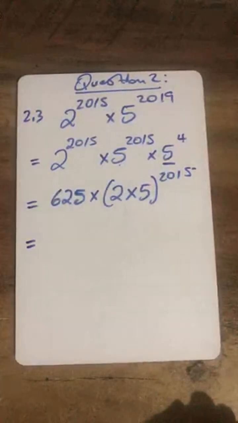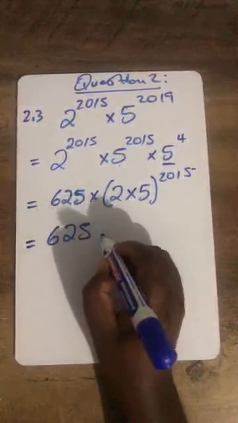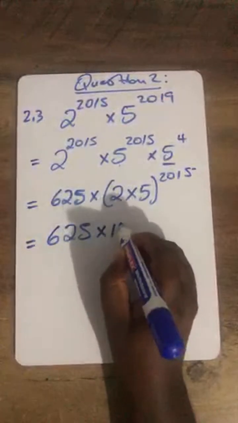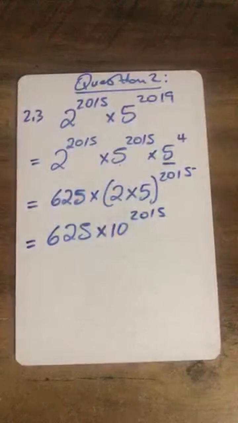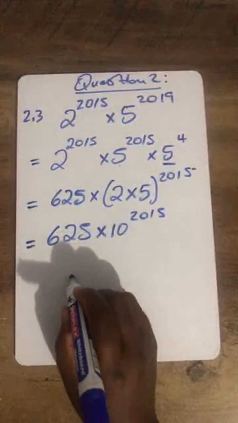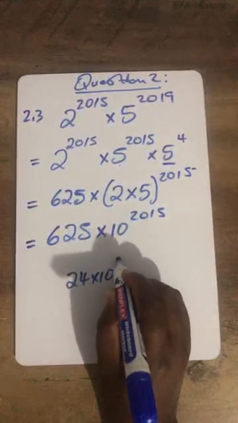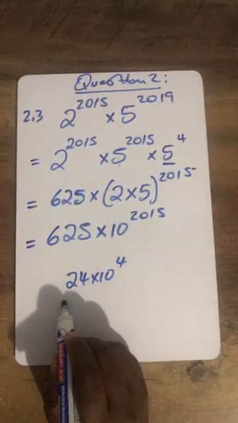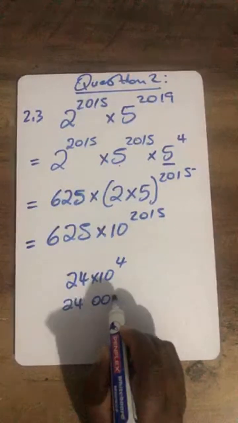So now, honorable members, I'm not sure if you are able to notice that we actually have that times 10 to the exponent 2015, because 2 times 5 is 10. Trust me, if something is written as, let's say, 24 times 10 to the exponent 4, it simply means you have 24 and how many zeros? 1, 2, 3, 4.